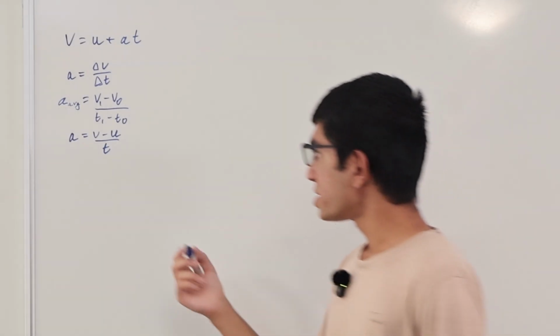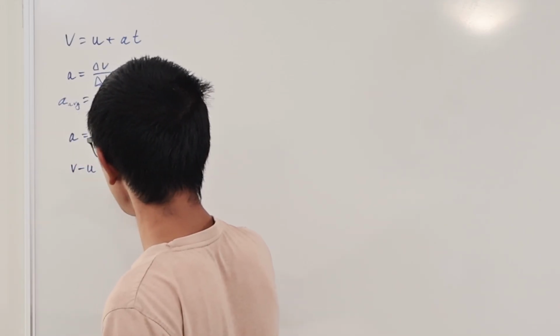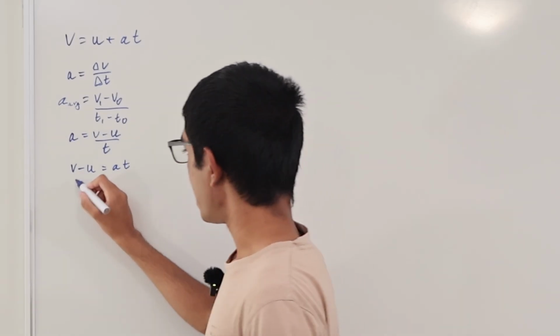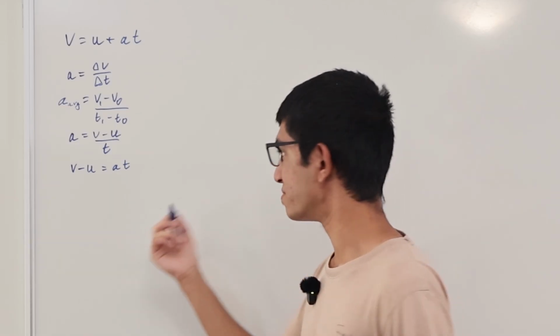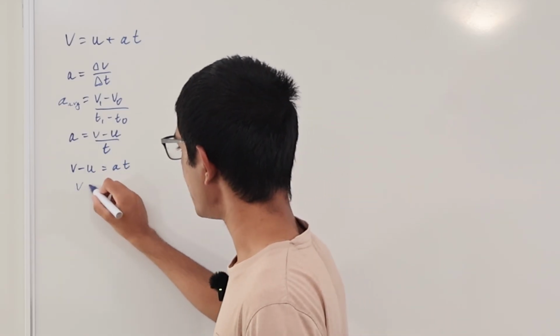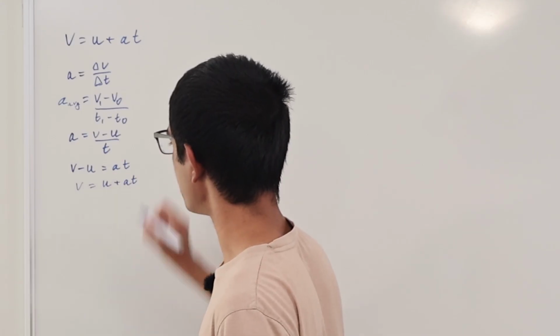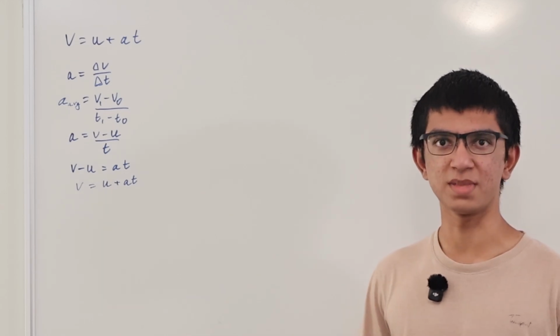If we rearrange this, we get first v minus u is equal to a multiplied with t, and take the u to the other side, or add u to both sides, depending on how you do it. We get v is equal to u plus at. There you have it. First SUVAT equation, simple as that.